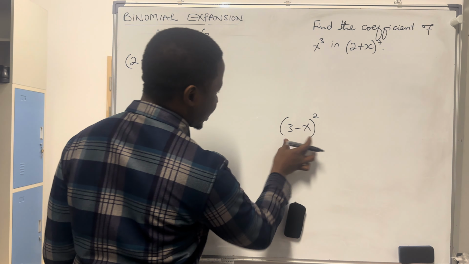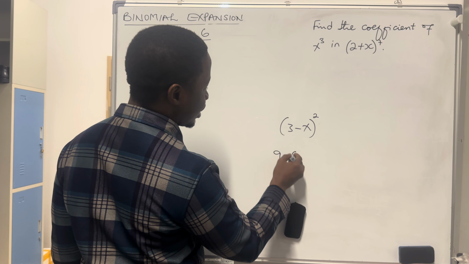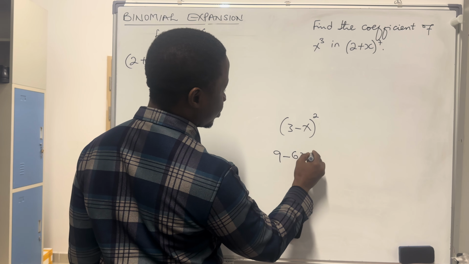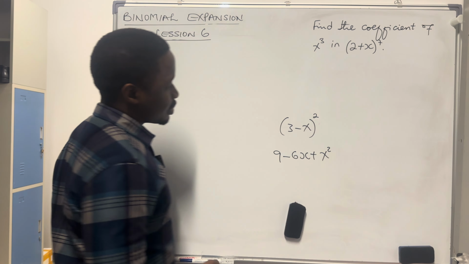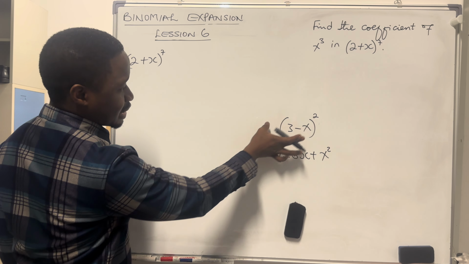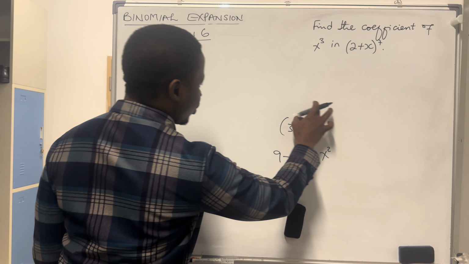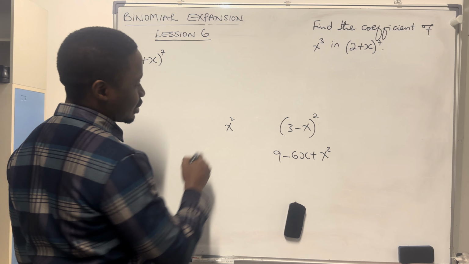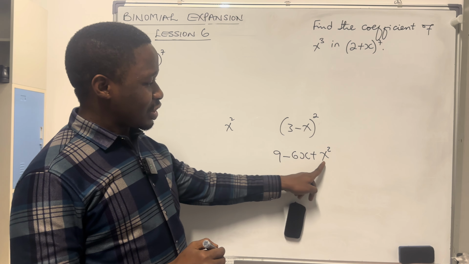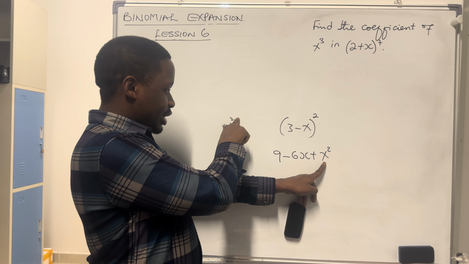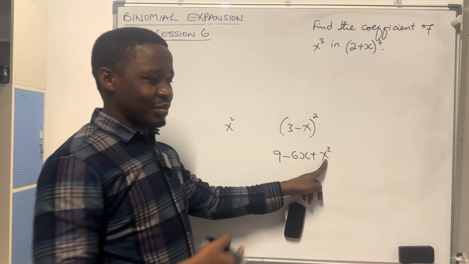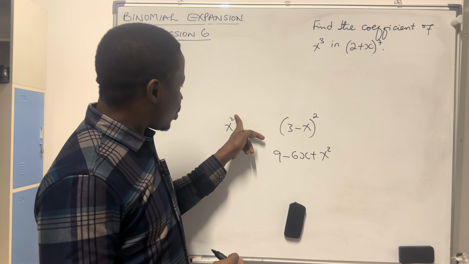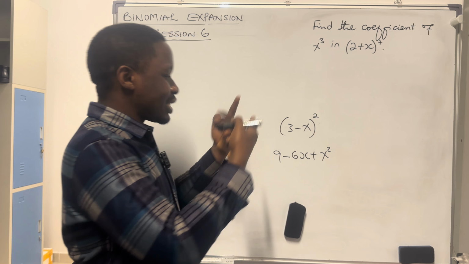You expand this, it will give you 9 minus 6x plus x squared. And let us say the question is, what is the term in x squared? 1, 2, 3. You see, x squared is the third term because power 2 plus 1 is 3.